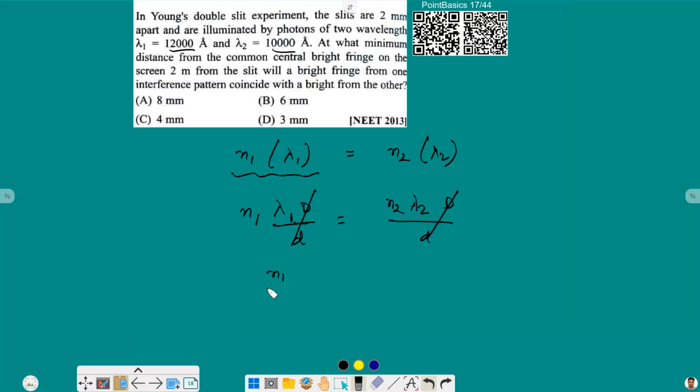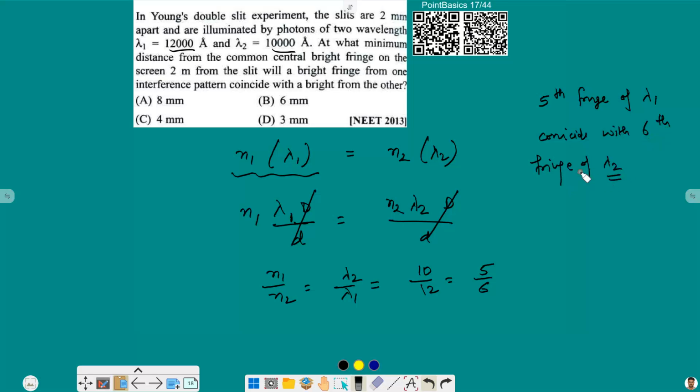Now we can write that n1 by n2 is equal to lambda 2 by lambda 1, and that will be 10,000 angstrom by 12,000, or basically 10 by 12, or 5 by 6. So we can say fifth fringe of lambda 1 coincides with sixth fringe of lambda 2.